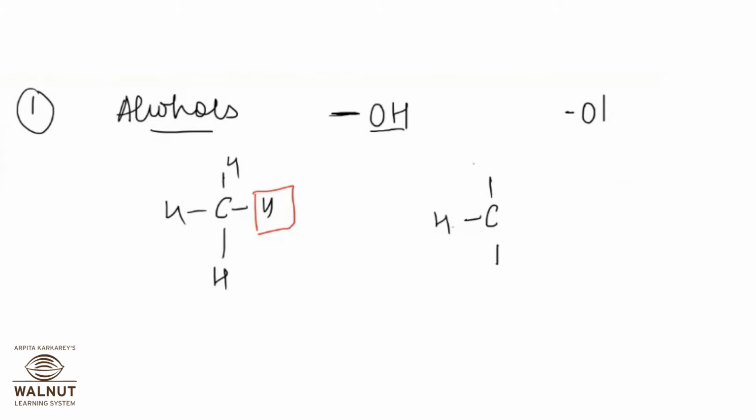CH3, because this I have not removed. This hydrogen I have removed now. So I have replaced this hydrogen with a heteroatom group called OH. Is the second one, which we have drawn by replacing it with OH, a methane molecule? No, it is not a methane.